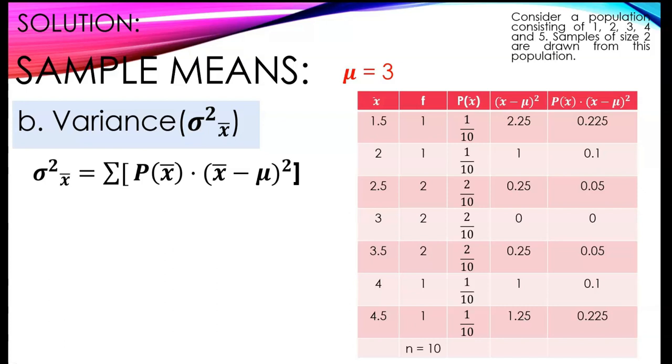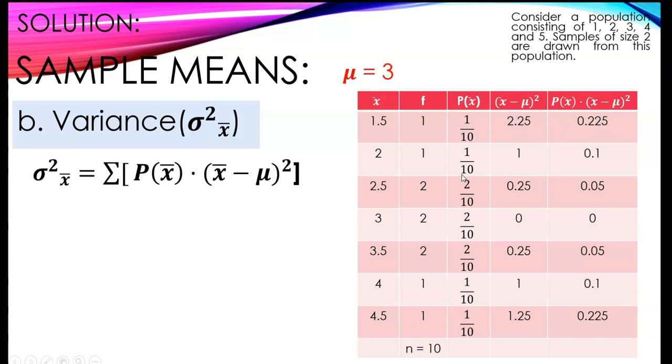Next, we need to create a column where we multiply the probability of our sample means times the computed x minus mean squared. So let's start. For the first value, we need to multiply 1/10 times 2.25. That is equal to 0.225.